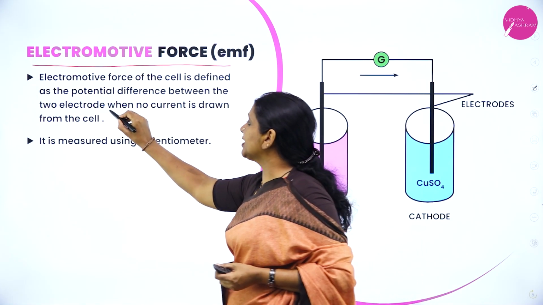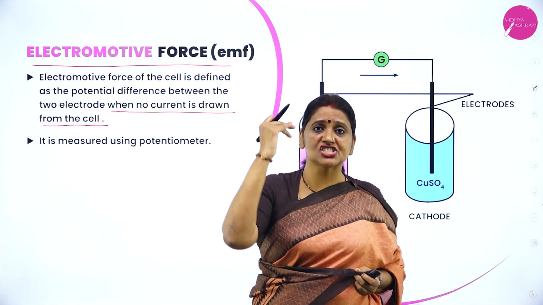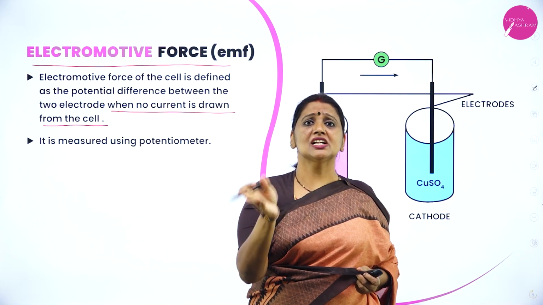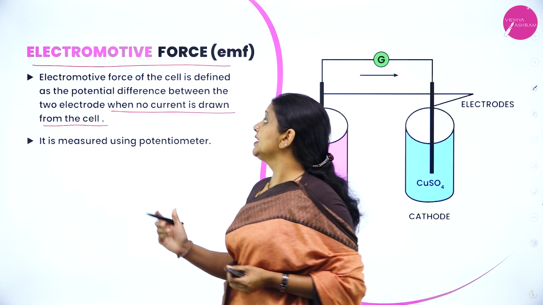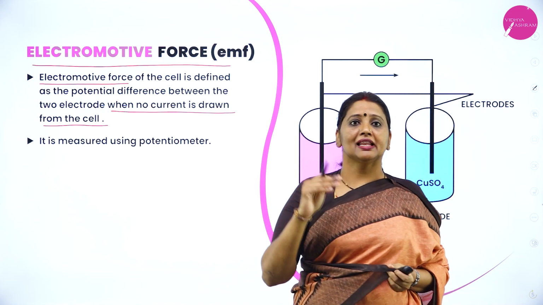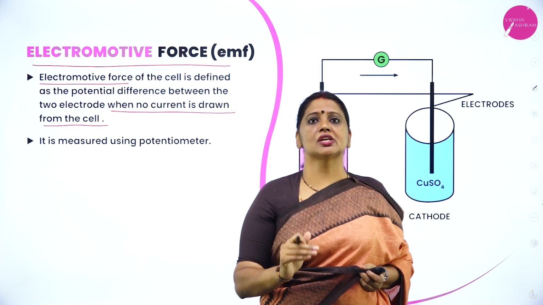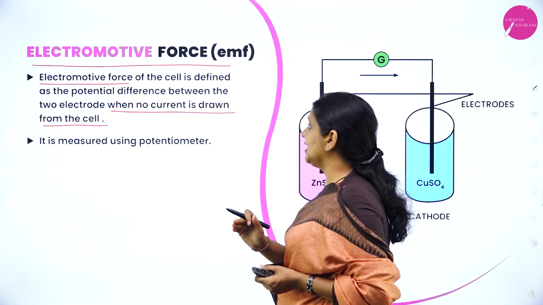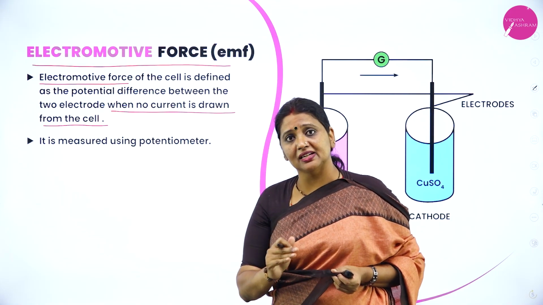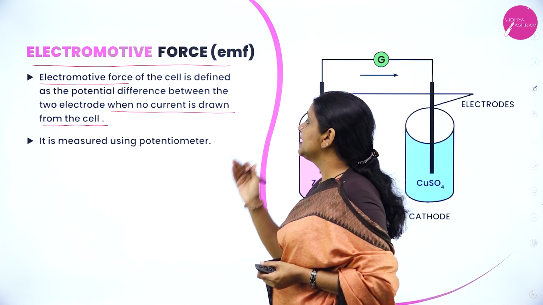When no current is drawn from the cell, when there is no current in the circuit, the potential difference between two electrodes is called as electromotive force.